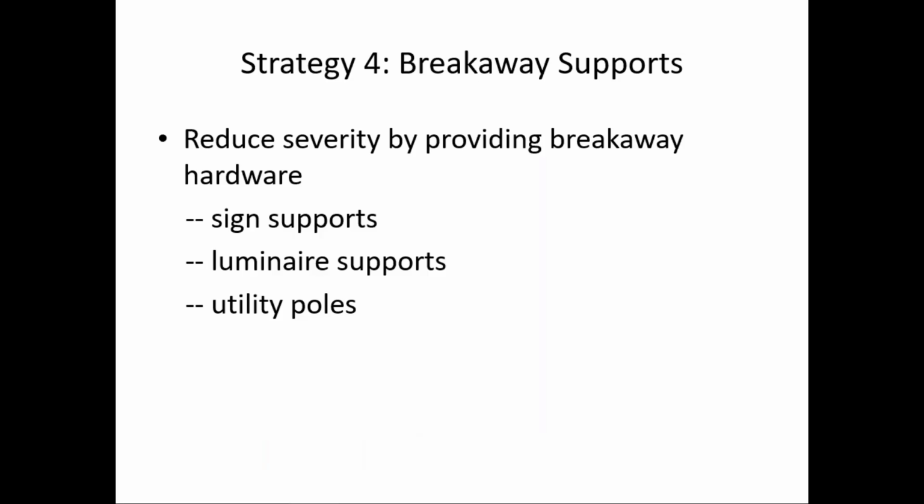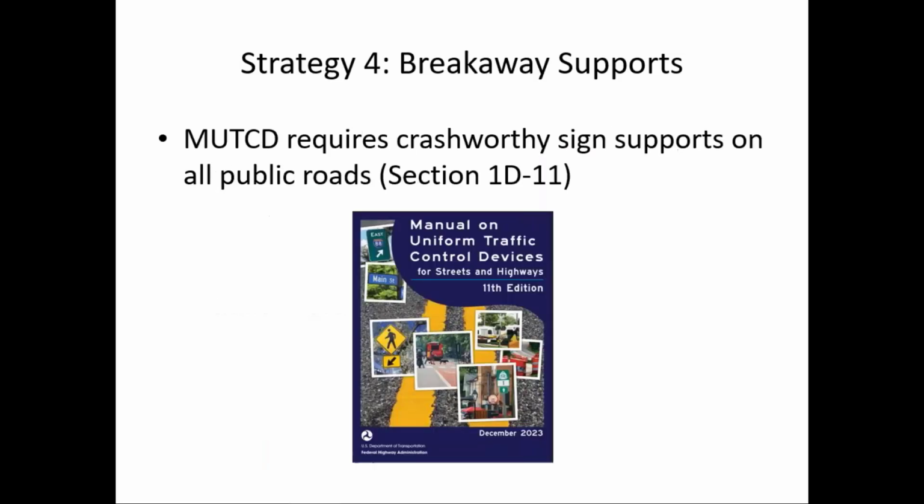Another strategy for objects to reduce the severity is to provide breakaway hardware on sign supports or luminaire supports. We saw an example earlier for utility poles of providing breakaway hardware. And in fact, the MUTCD section 1D.11 requires that there be crash-worthy sign supports on all public roads.